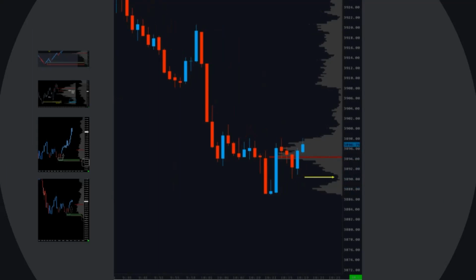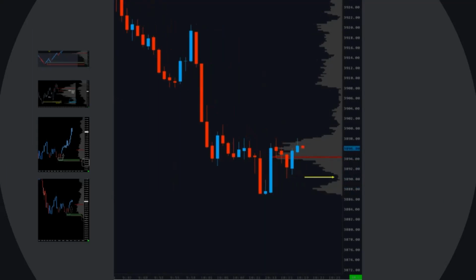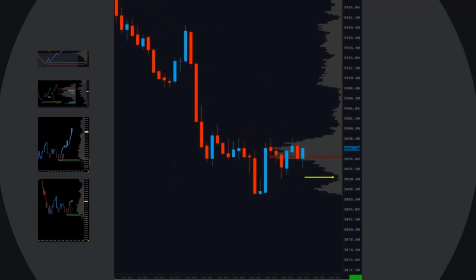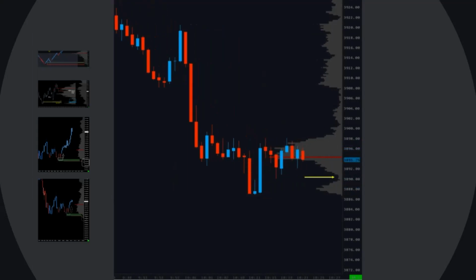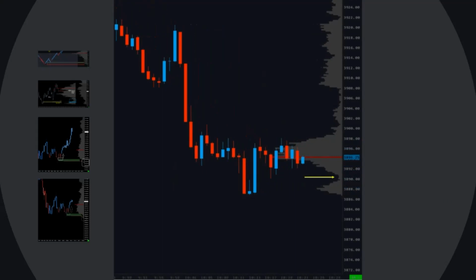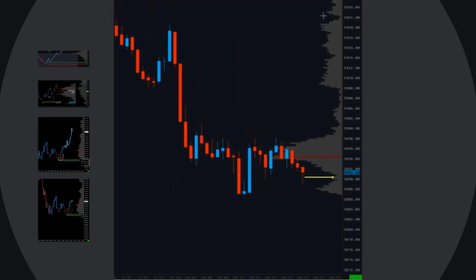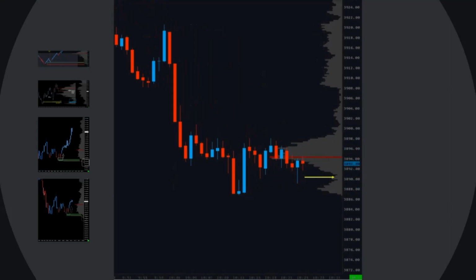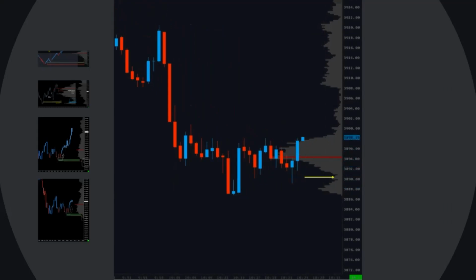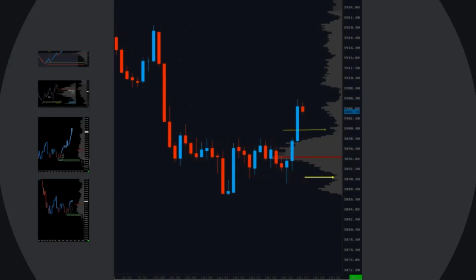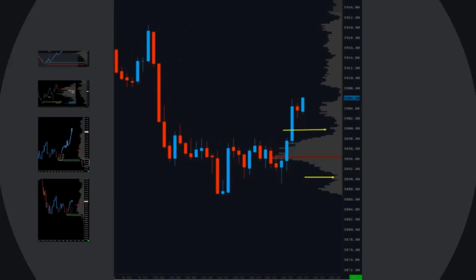Initiation of the LVN occurs when that small high volume node forms, followed by a swift, decisive counter initiative auction. This price action quickly pushes through that LVN, leaving that little distribution behind where it originated from, highs over the lows, but this is something that should be looked at on the edges of the profile.